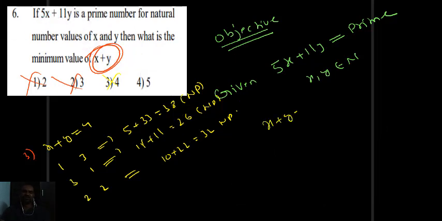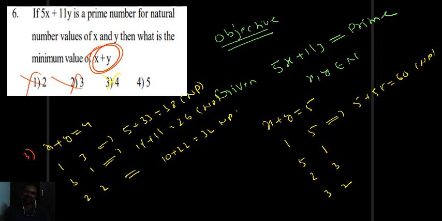X plus y equal to 5. What are the possibilities? 1 and 4, 4 and 1, 2 and 3, 3 and 2. In the case of 1 and 4, 5 plus 44 equals 49, not a prime. For 4 and 1, 20 plus 11 is 31, a prime.